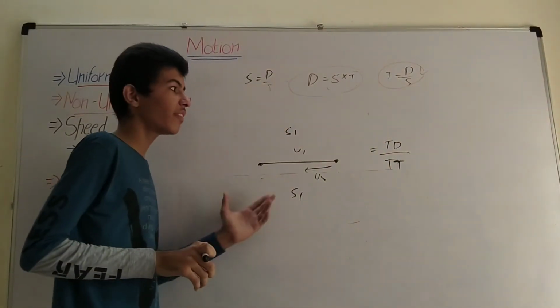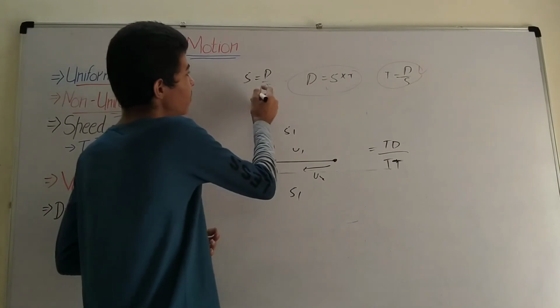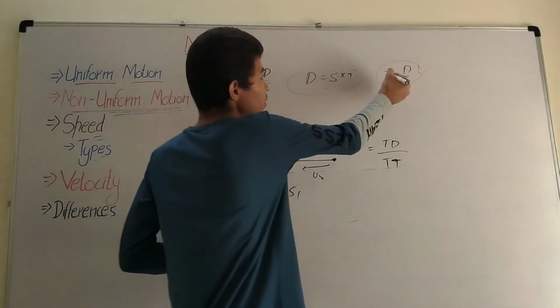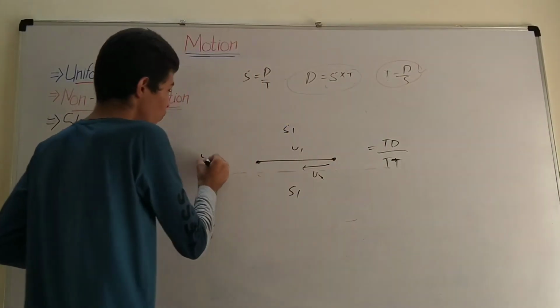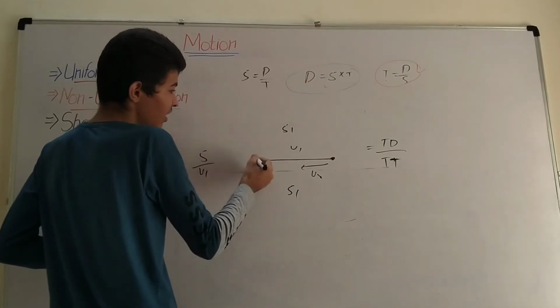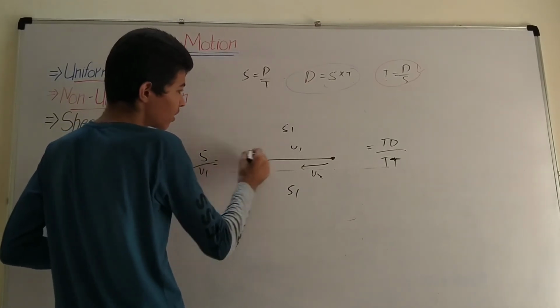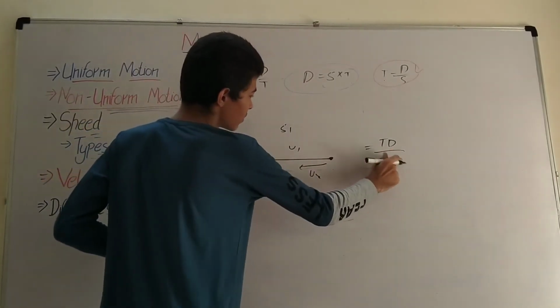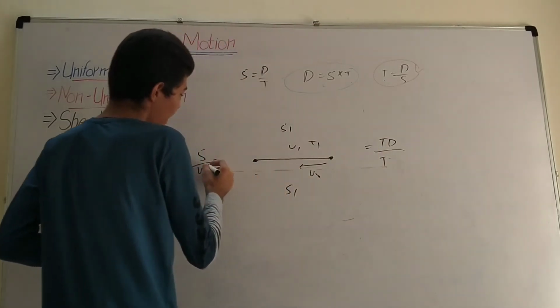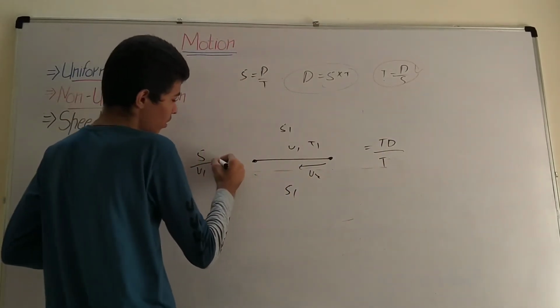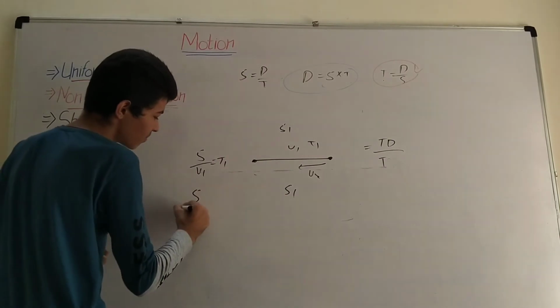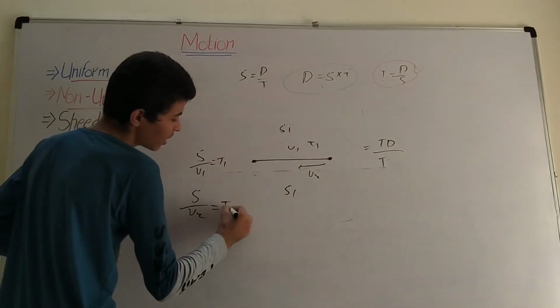How can we find out the time? The time is distance divided by speed. So S by v1 would be the time for this, that is t1, and S divided by v2 would be time t2.